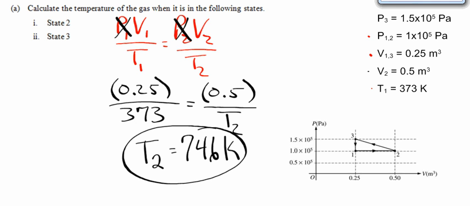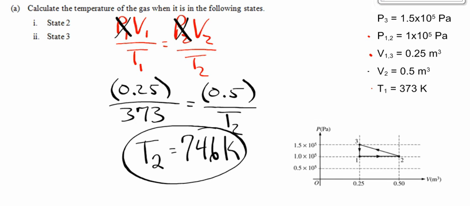Okay, so we're going to do the same thing at state 3. If you look at state 3, you see that state 3 and state 1 are related by the constant volume between them. So we're going to set up a relationship just like we did here, only instead of 1 and 2, we're going to look at 1 and 3.